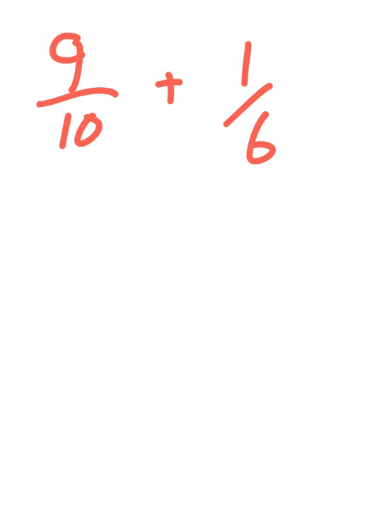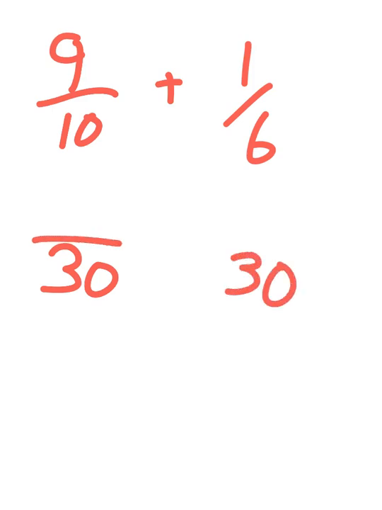All right, now we need to change our fractions here into our common denominator. So our common denominator is going to be 30. So we're going to have to get to 30. Now, one way to get to 30 is you take 10 and you multiply it by 3. 10 times 3 is 30.